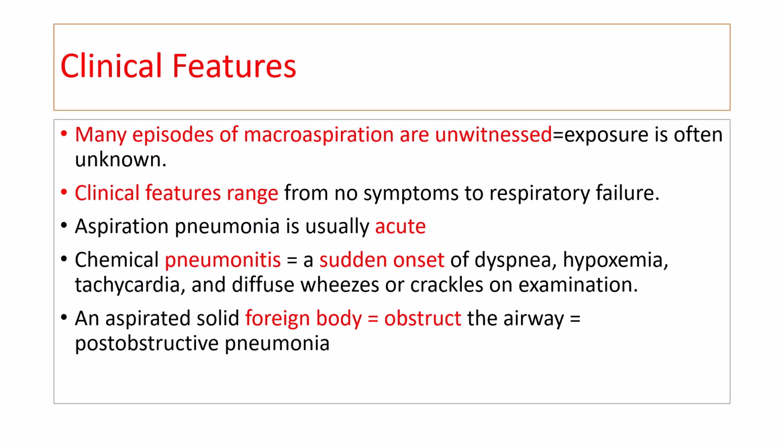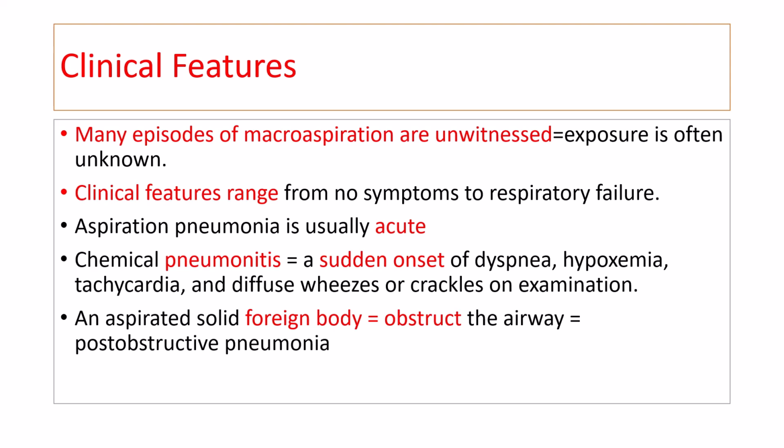Aspiration pneumonia is usually acute, with symptoms developing within hours to a few days after a sentinel event, although anaerobic aspiration may be subacute because of the less virulent bacteria, and clinical features are difficult to distinguish from those of other bacterial pneumonias. Aspiration pneumonia is associated with higher mortality than other forms of pneumonia acquired in the community.